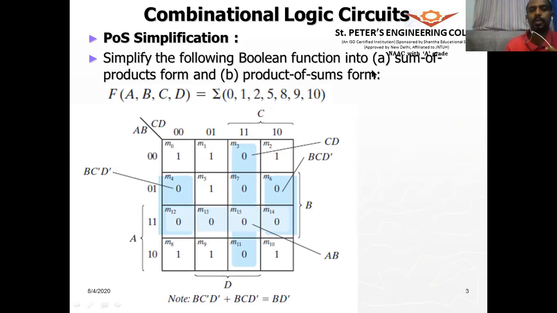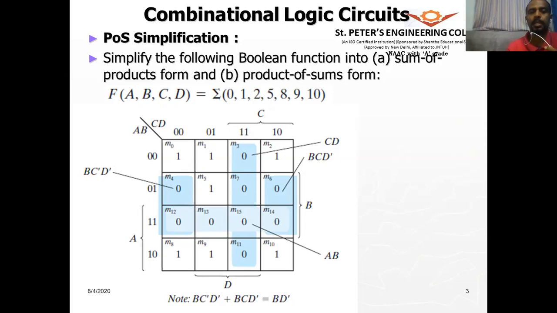Okay. So to obtain the POS form, we are going to take the output of zeros, not the ones, which is unlike the previous problems we have done. Here we are going to group the zeros and apply the same technique of Karnaugh mapping. Instead of grouping the ones, we are grouping the zeros because we are not using the SOP form, we are using the POS form.